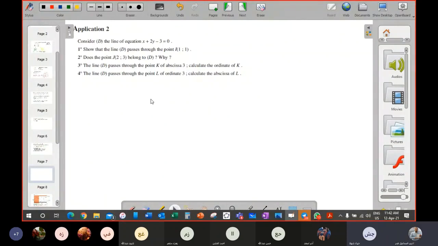So point I has the abscissa 1 and ordinate 1. So we replace x with the abscissa of I, and y with the ordinate of I. If the equation gives a true statement, then I belongs to the line D. Yalla, continue Jawad.